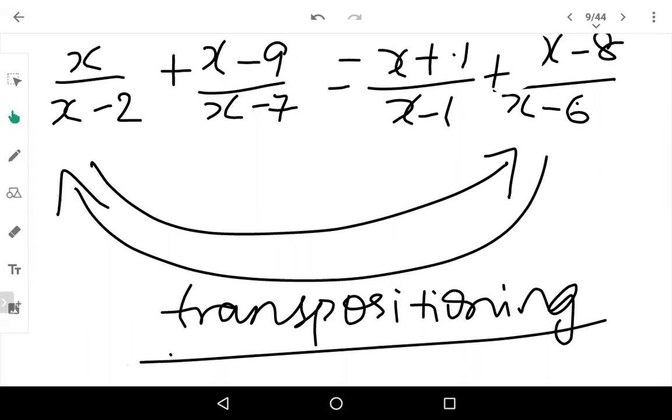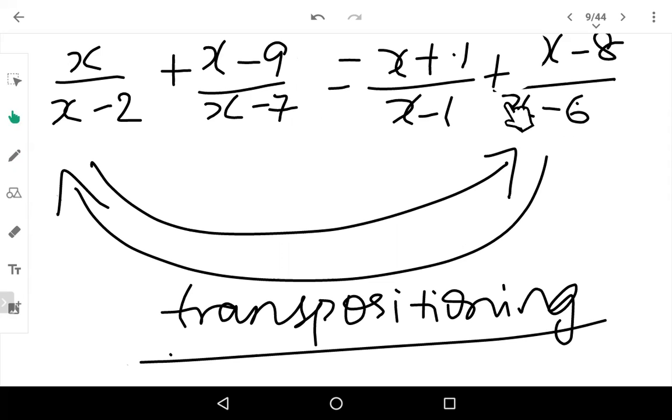Now, just carefully see the question. You have x divided by x minus 2. And then you have a bigger number, which is x minus 9 by x minus 7. So we'll take this bigger number expression to the other side, because you also have the bigger number expressions given here, that is x minus 8 and x minus 6.